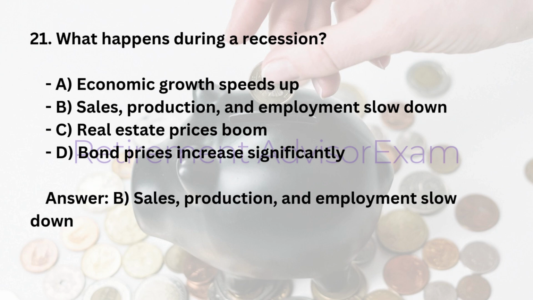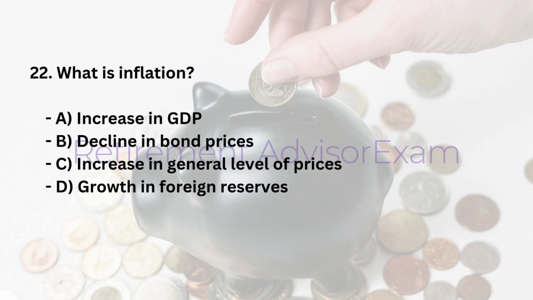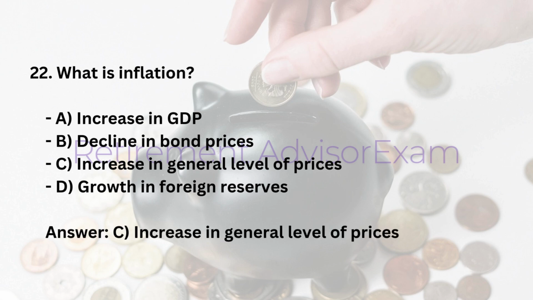Answer: B. 22. What is inflation? A. Increase in GDP, B. Decline in bond prices, C. Increase in general level of prices, D. Growth in foreign reserves. Answer: C. Increase in general level of prices.